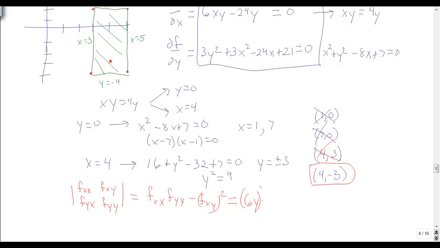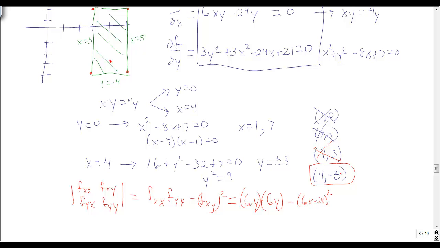So that's fxx: I differentiate with respect to x, y is a constant. Then differentiate this one with respect to y. I get 6y there as well. Minus, I could take the first one and differentiate with respect to y. I already have x, and then differentiate with respect to y. It'll give me 6x minus 24, squared.